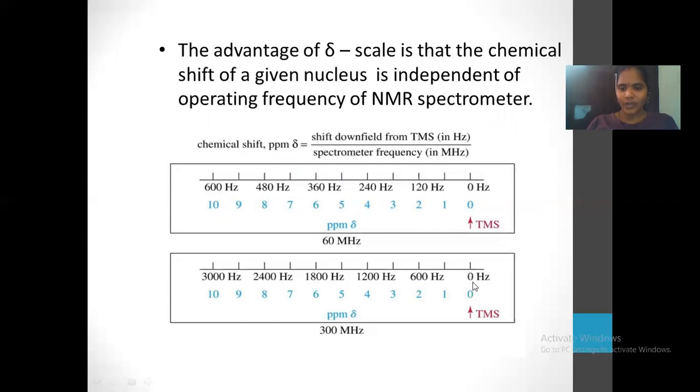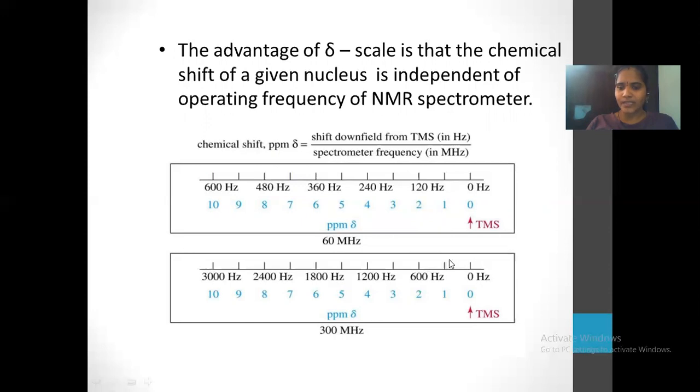So if I get a peak here, that is 0 in the 300 megahertz. If I get a peak somewhere else in the 60 megahertz instrument, that will be considered as 0. And from that position, for another compound, I may get another peak at this position in the 600 megahertz, I got a peak at 120 here.